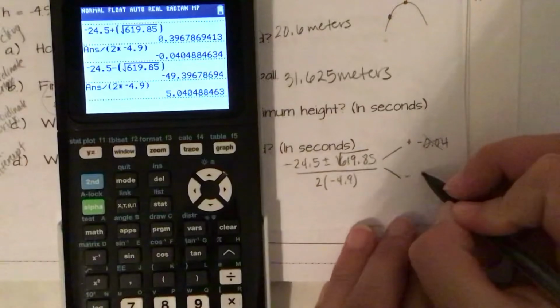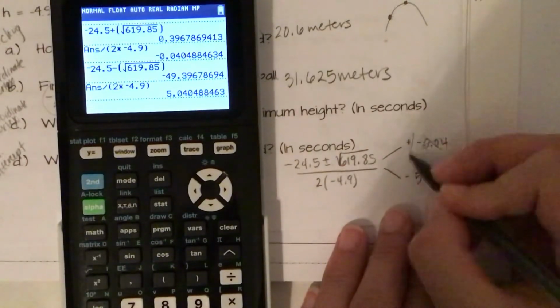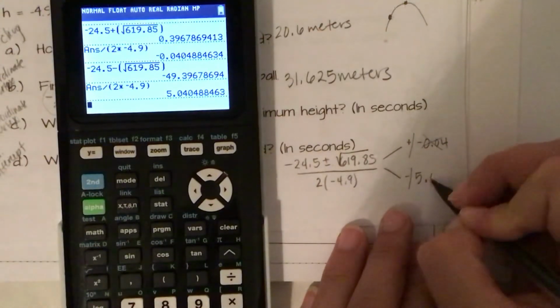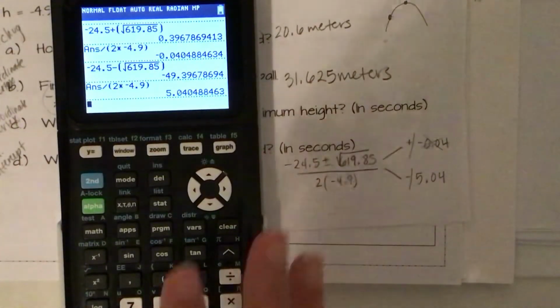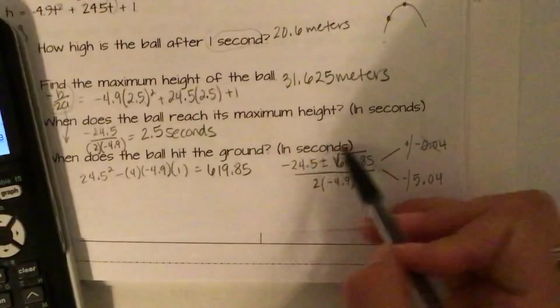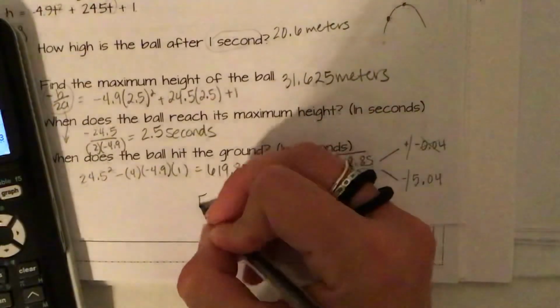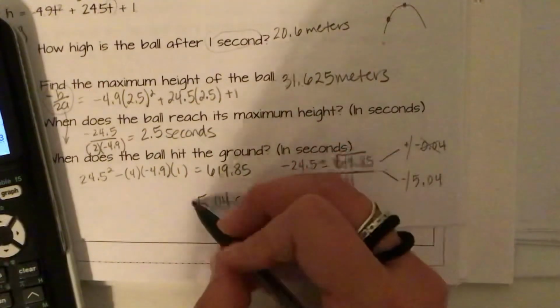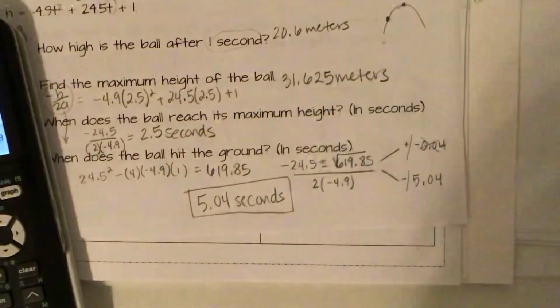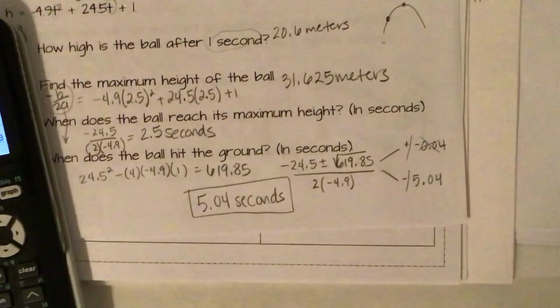And this one gives us 5.04. Okay, so 5.04, and this is seconds. So my answer is 5.04 seconds. So it's going to take the ball 5.04 seconds for it to land on the ground after being kicked.